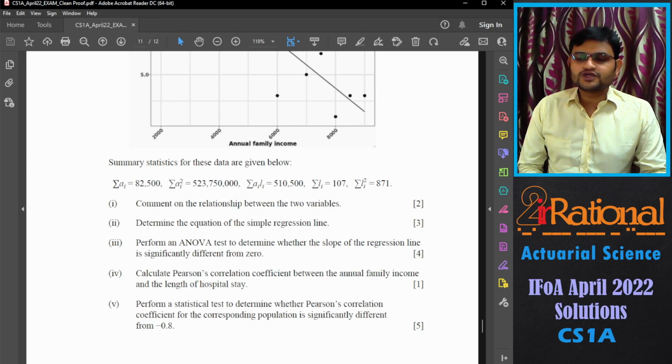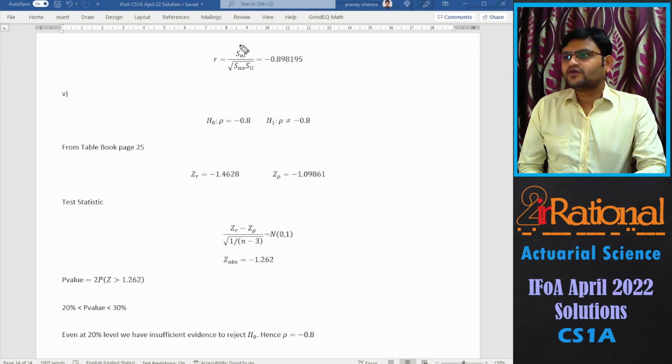As it is a non-zero value, we'll have to take Fisher's Z test. So the R value would be SAL upon under root of SAA into SLL, that would be minus 0.898195. And for the test, we'll say we are testing for rho is equal to minus 0.8 versus rho not equal to minus 0.8.